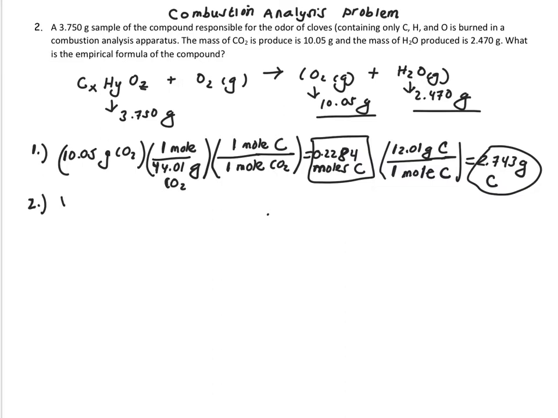Now our next step is we're going to determine the amount of hydrogen. We have 2.470 grams of water. We want to convert this to moles. So we know that there's 18.02 grams of water per 1 mole of water.